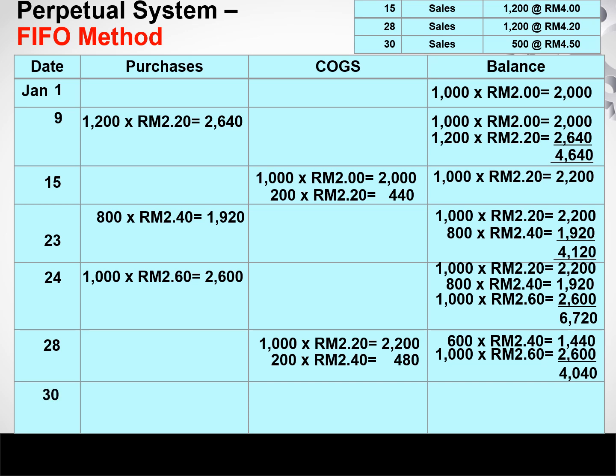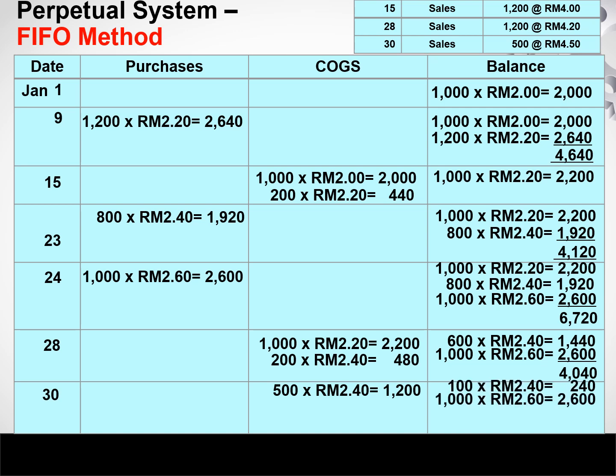And the last transaction is sales 500 unit. So the first in will be the first out. So write down in the cost of goods sold column 500 unit times 2 ringgit and 40 cents equals to 1,200.